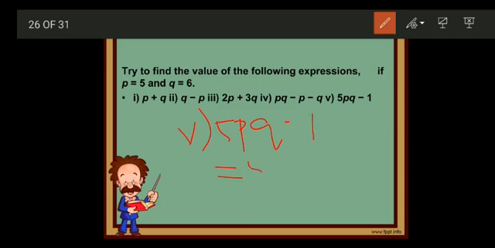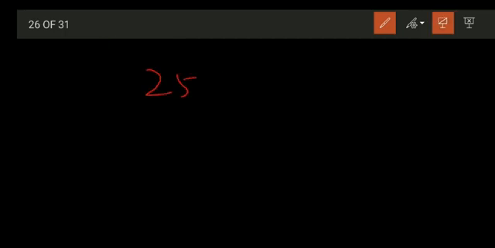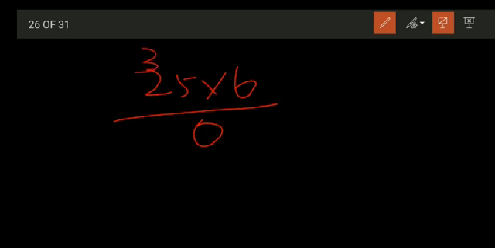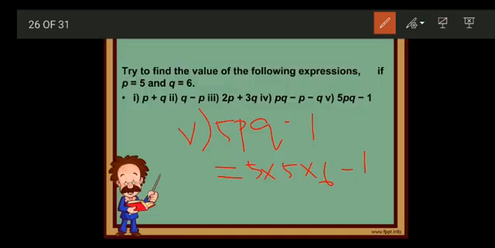This will be equal to 5 into 5 into 6 minus 1. So we have to multiply 5, 5, 6. 5 5s are 25. 25 into 6: 6 5s are 30, balance 3. 2 6s are 12, 12 plus 3 is 15. 25 6s are 150. 150 minus 1.